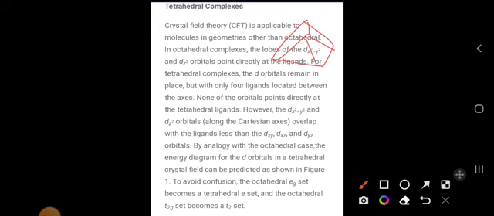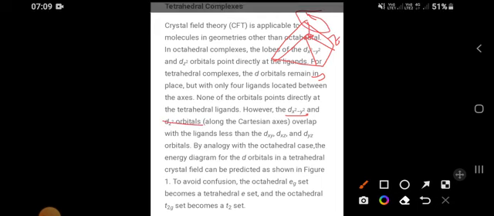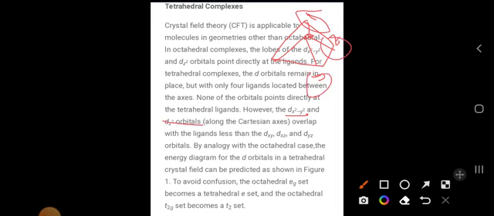Here is the x, y, z axis. When you point the ligands like this, they come closer towards the axes, so the dx square minus y square and dz square orbitals have lower energy, while dxy, dyz and dzx have the higher energy.